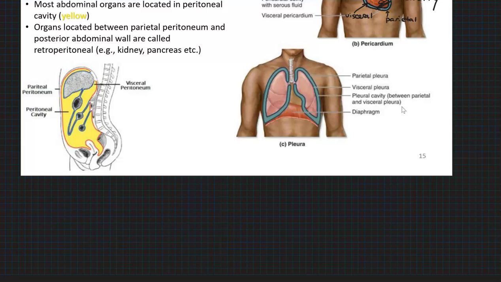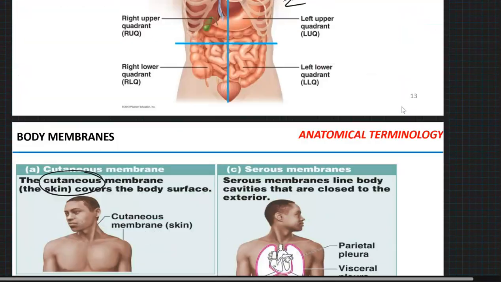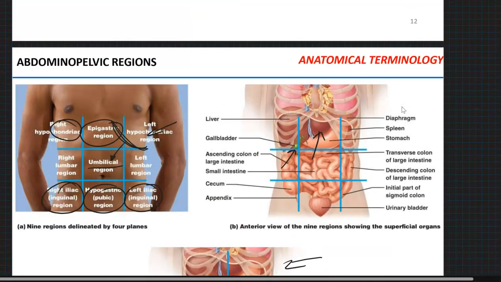Not all organs in the abdomen are within the peritoneal cavity. There are some, like kidneys, that sit behind. You don't need to know which ones. Why is peritonitis important? We have a lot of bacteria in our guts, especially in the structure called the cecum, which is located in the right iliac region.